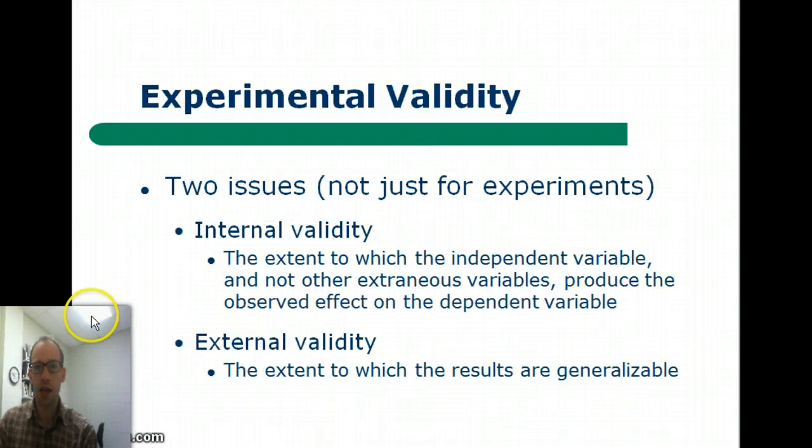Okay. The book goes into 11 different types of internal validity and 5 different types of external, and it would be great for you to read those. Right now, I just want to hit the main difference. So internal validity is, to what degree does this independent variable that we're studying actually cause some outcome we're looking at.